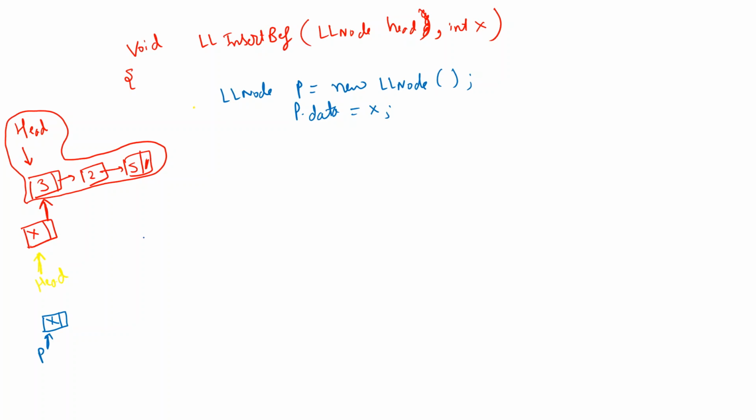Okay. So now what do I need to do? Now I have something like this. There are two things that I need to do. One thing is I need to make this pointer point to the old head. The second thing I need to do is break this link from here and make that link over here.